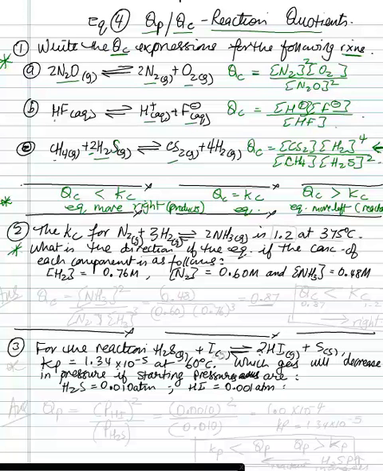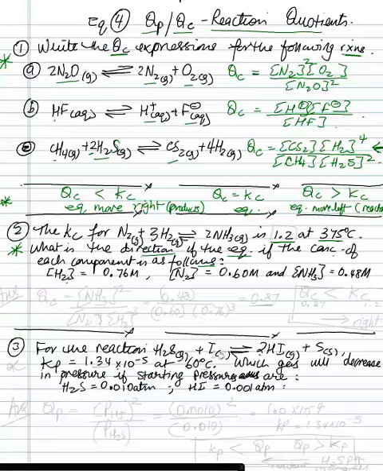Let's look at a problem for QC. It's calculated the same way as KC, as I said in problem number 1. So KC for nitrogen plus hydrogen to give ammonia is 1.2 at 375. What is the direction of the equilibrium if the concentrations of each component are as follows? Hydrogen, nitrogen, and ammonia are given to us.